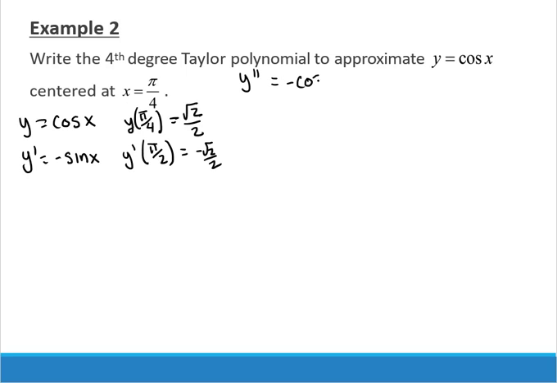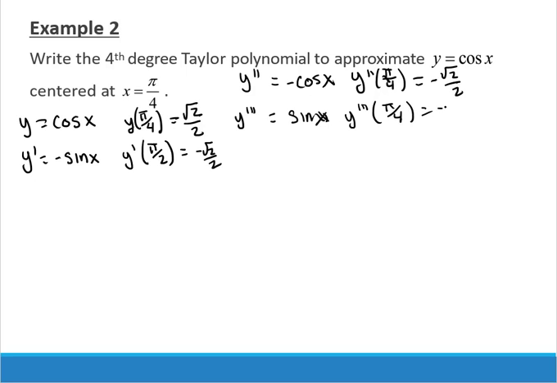Hopefully you see where I'm getting all these values from. My third derivative is the sine of x. And then my fourth derivative is root of sine, the cosine of x. Remember, they repeat every 4. And I was just looking at this one. This one should be a positive root 2 over 2.